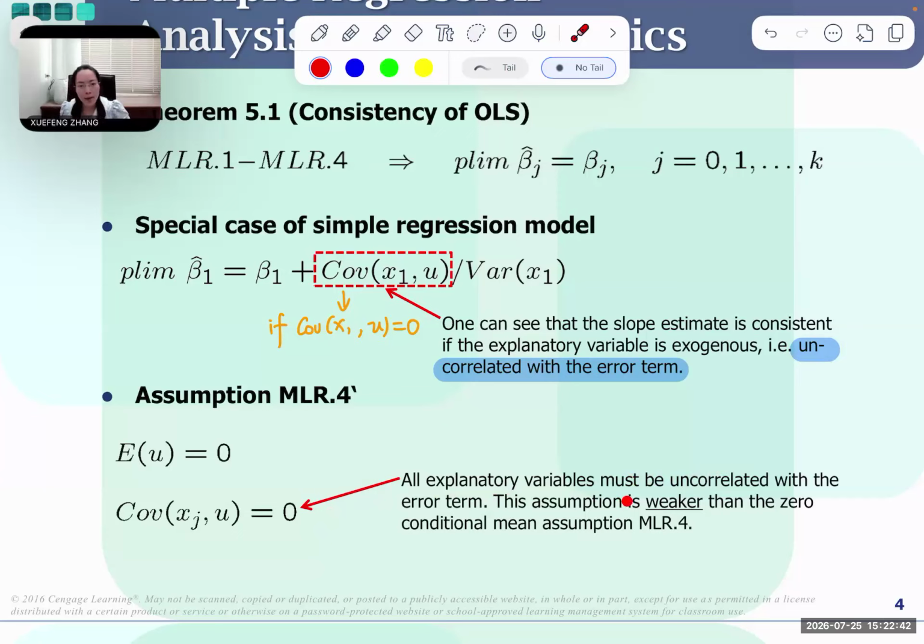If we compare this to the original MLR 4, do you still remember? This is the original MLR 4, which means zero conditional mean.